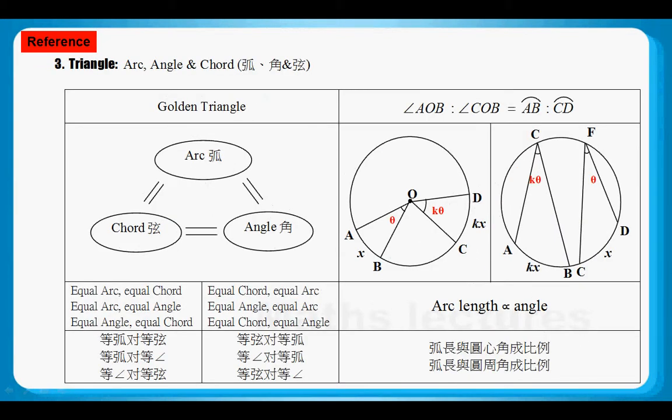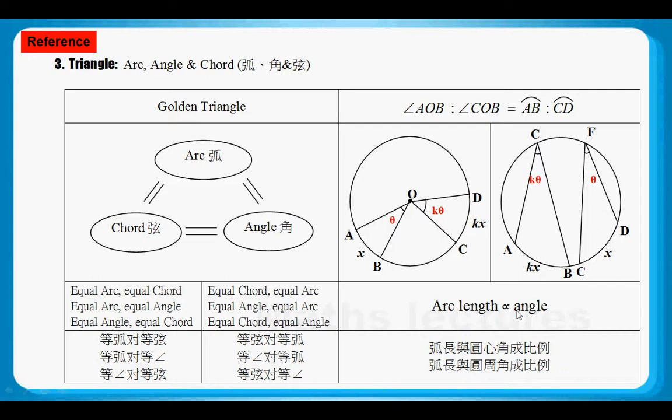Okay, 3 lines, of course, we have triangle, and we have a golden triangle relationship between arc, chord, angle. And here I would like to remind you that chord is proportional to nothing. Only arc and angle are proportional.